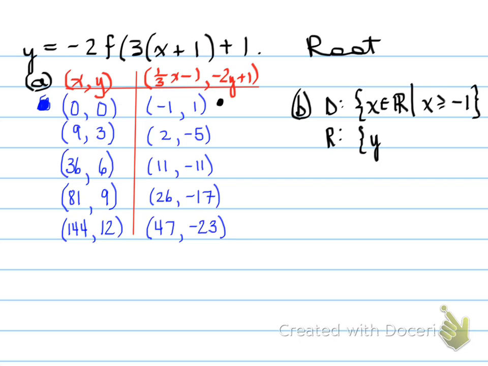The range, which would normally go from 0 to infinity, was reflected, and then it also translated. So y belongs to the reals such that y is greater than or equal to 0 normally changes to y is less than or equal to 1. That's because there was a vertical translation of 1 and a reflection, and therefore it is less than or equal to 1.